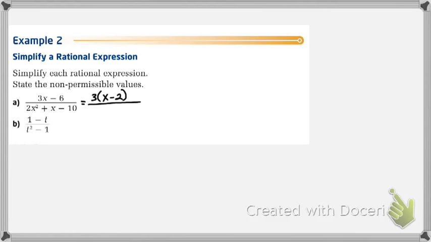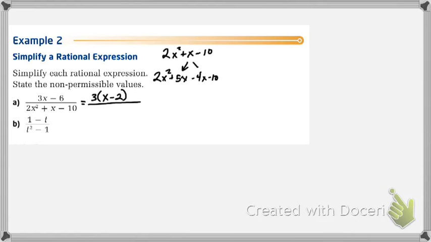In the denominator, 2x squared plus x minus 10, we're going to have to decompose that, meaning we've got to find two numbers that multiply together to give me negative 20 and add up to my middle term of positive 1. That's going to be positive 5 and negative 4. So you're going to end up with 2x squared plus 5x minus 4x minus 10.